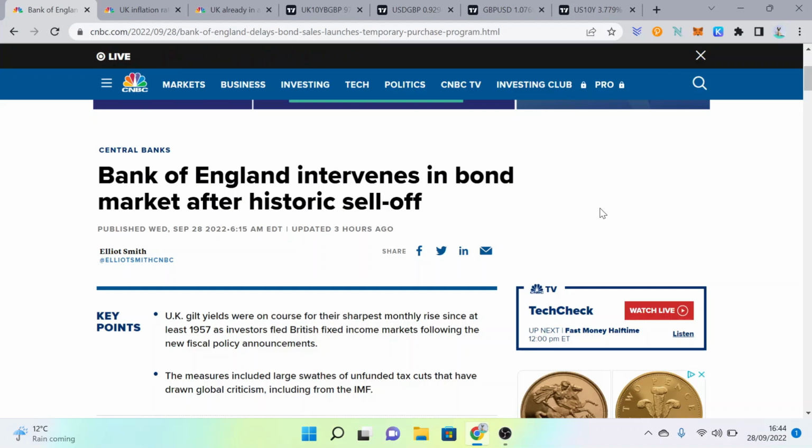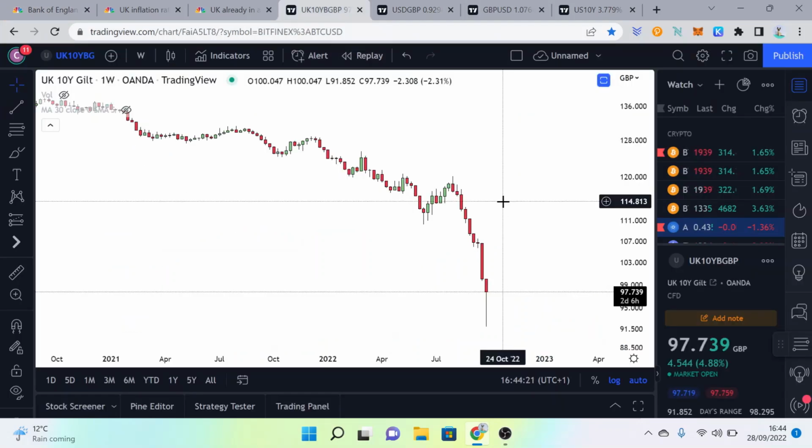Gilts, in layman's terms, are just low risk bonds, low risk investment instruments, because they're backed by the right people. But we're seeing a capitulation event in those yields. We're seeing a bit of a pullback in the actual bonds themselves, and we're seeing the yields go through the roof.